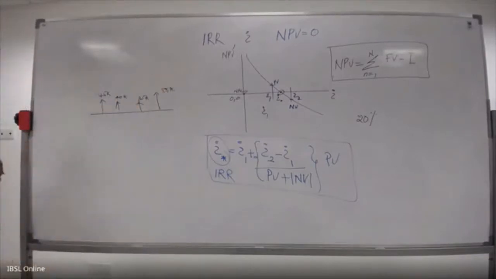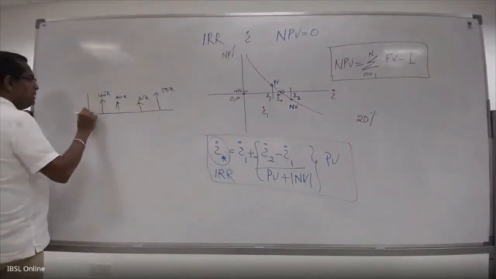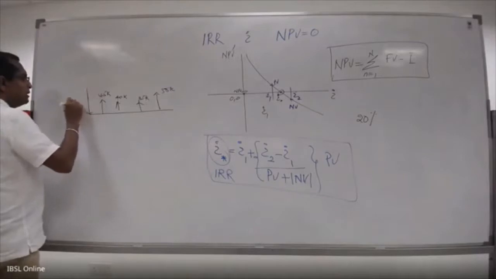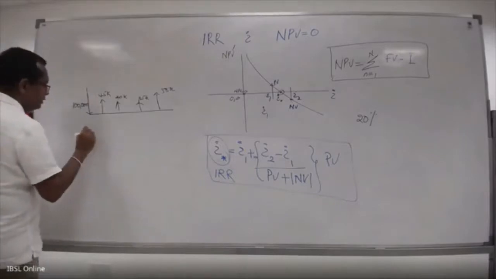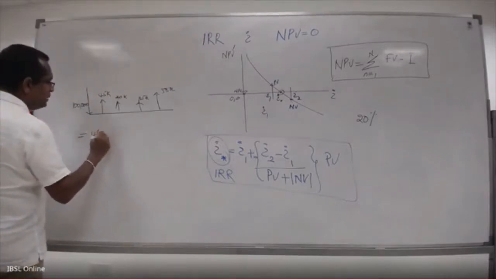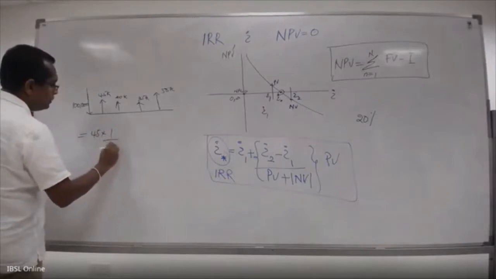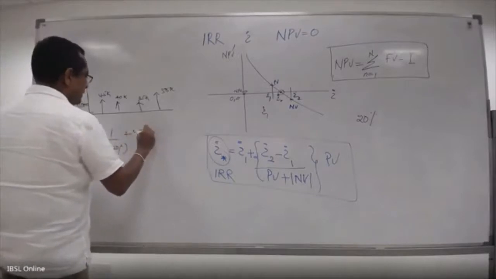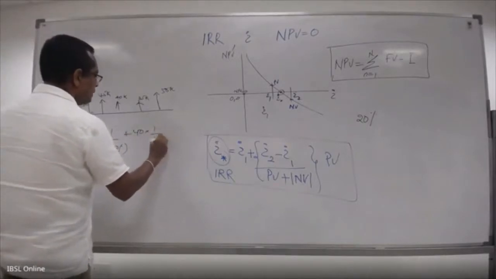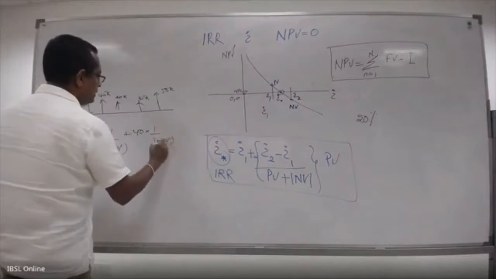And your initial investment is 100,000. Okay. 45 into 1 upon 20%, which is the discounting rate. 40 into 1 upon 20% into 2.